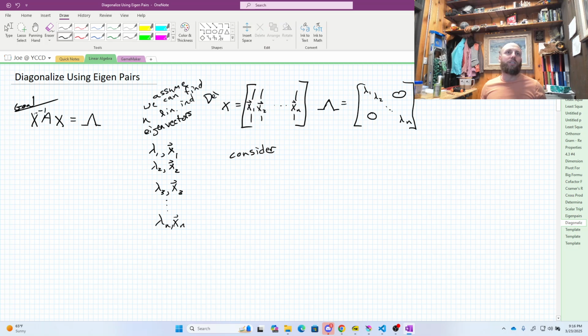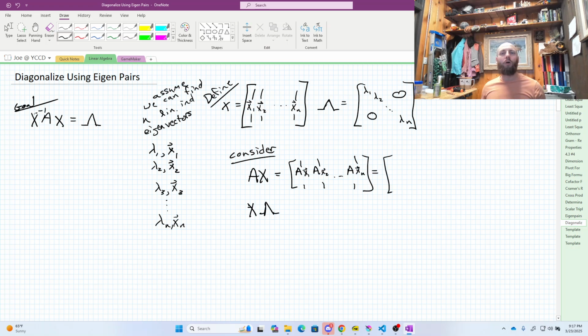So I'm saying define X and lambda, and then we'll consider doing A times X and also X times lambda. If I do A times X, I know that I'm going to get a new matrix that's going to have Ax1 in the first column, Ax2 in the second column, and on until I get to Axn in the final column.